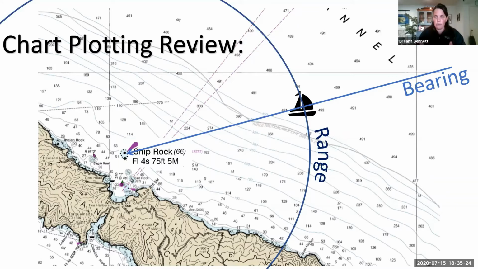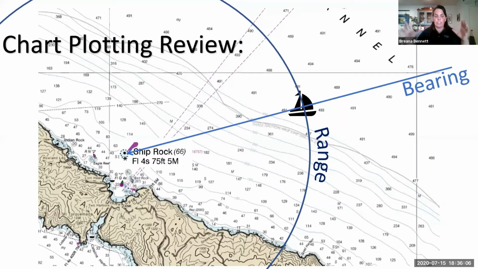Hopefully we all remember from chart plotting that we can get a position by using different LOPs, a bearing to an aid to navigation or a range to an aid to navigation. So we're using that aid to navigation as a point that we can get a position off of. Now, when there's no more aids to navigation, we use celestial bodies, the sun, the moon, the planets, the stars, as that aid to navigation, and we're getting a bearing and a range from them.